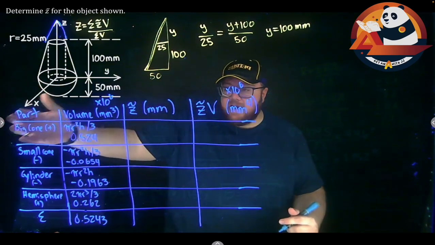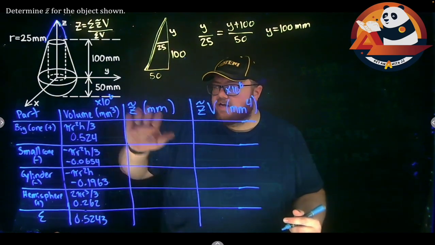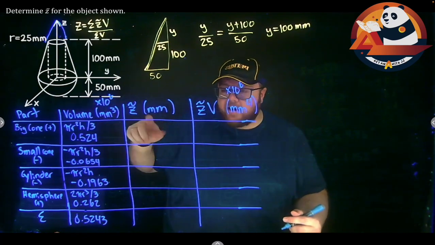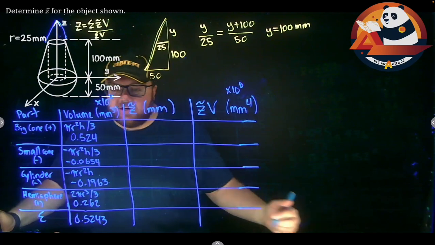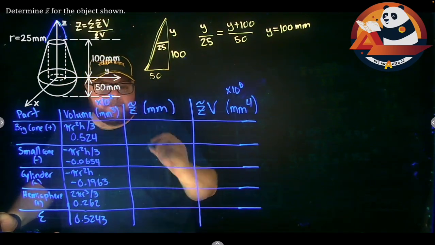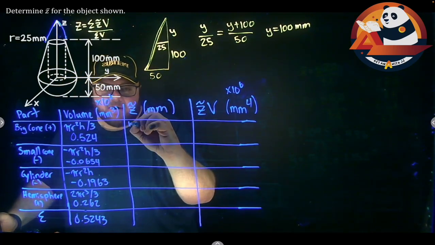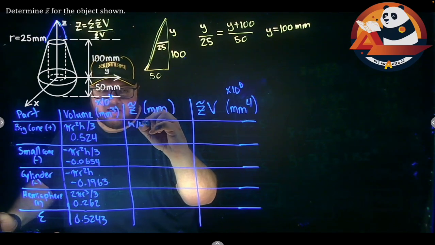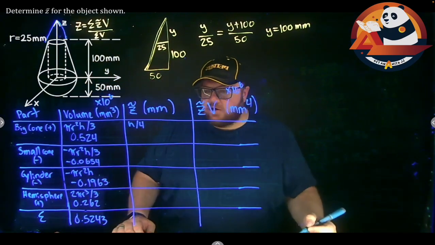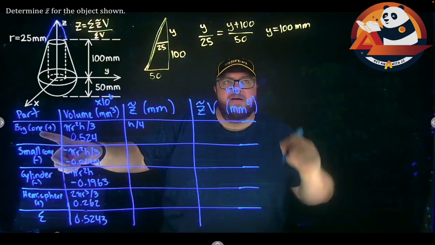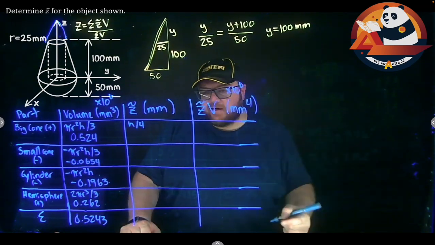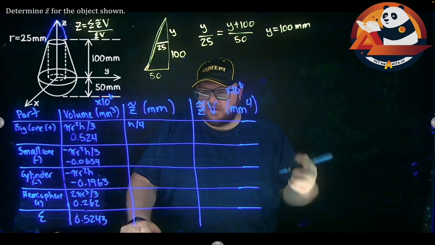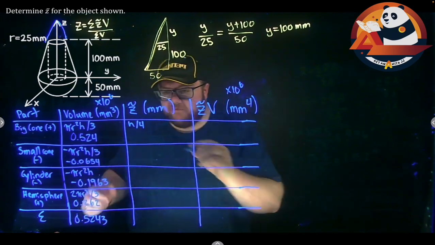And then we can deal with our z tilde values. So we're measuring from some common point. Let's measure from that xy plane, from the origin in here, to the centroid of each piece. For a cone, our z bar or z tilde is height over 4. So for our big cone, that height would be y plus 100, 200, divided by 4, 50.